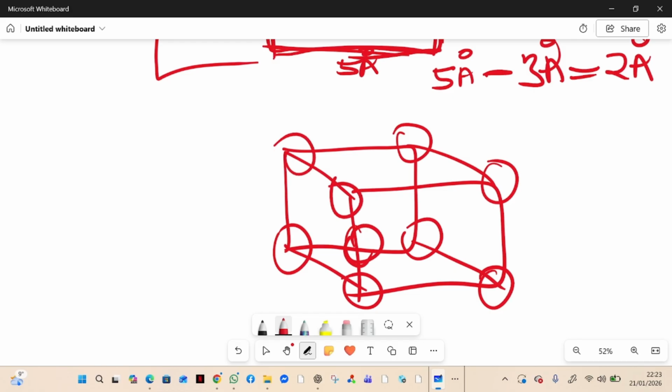Okay, so you have the X, Y, Z axis. Whenever you cleave perpendicular to the axis, you create a plane perpendicular to the axis.